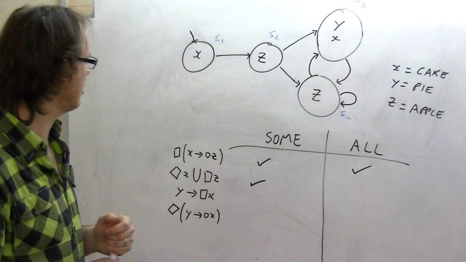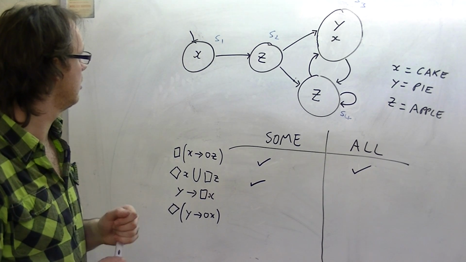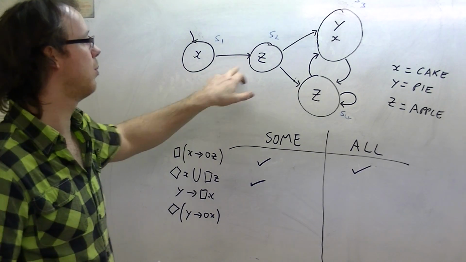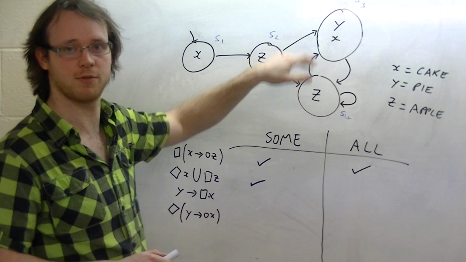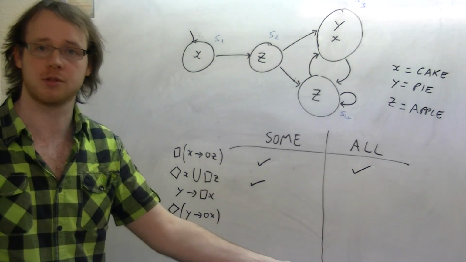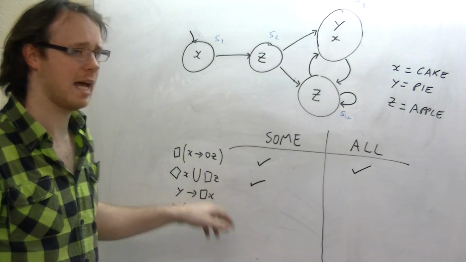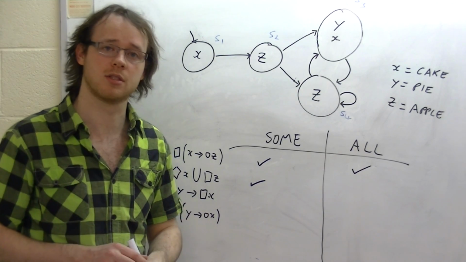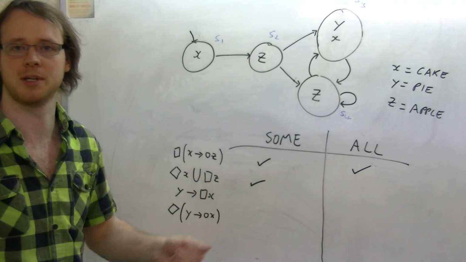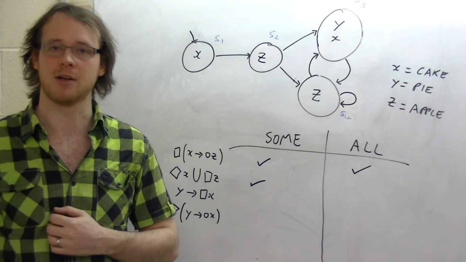Okay, so does it hold for all paths? Well, let's consider the case where we go S1, S2, S3, S4, S3, S4 alternating forever. Well, eventually X holds throughout the entire path, but always Z never holds, and for this until operator to be true, always Z needs to hold within a finite amount of time.